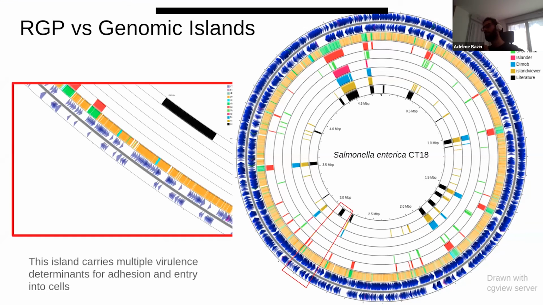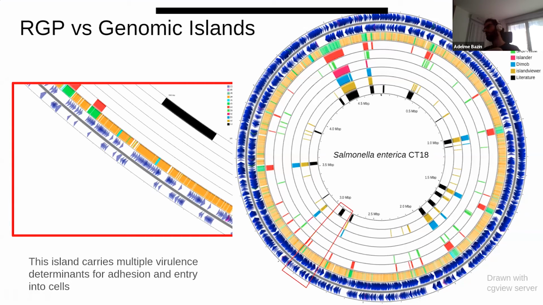This is a pathogenicity island. It was described as such in the papers that described this genome. And it's of interest because it carries multiple virulence determinants for adhesion and entry into cells. And as you may notice, absolutely no tool, not panRGP and not any of the other tools, predicts this area as a genomic island.